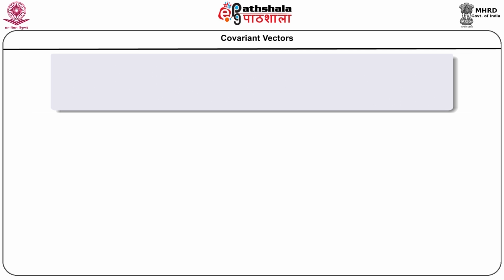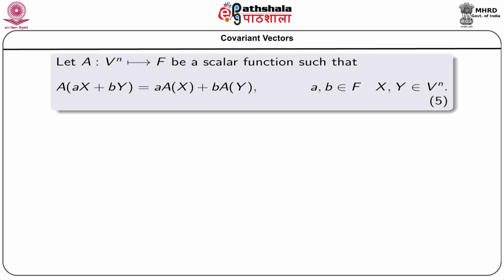Next, we shall discuss covariant vectors. Now, let A be a scalar function from the vector space to the field F such that A satisfies the linearity condition, that is A(ax plus by) equals a A(x) plus b A(y), where a, b are members of the field F and x, y are members of the vector space V_n.